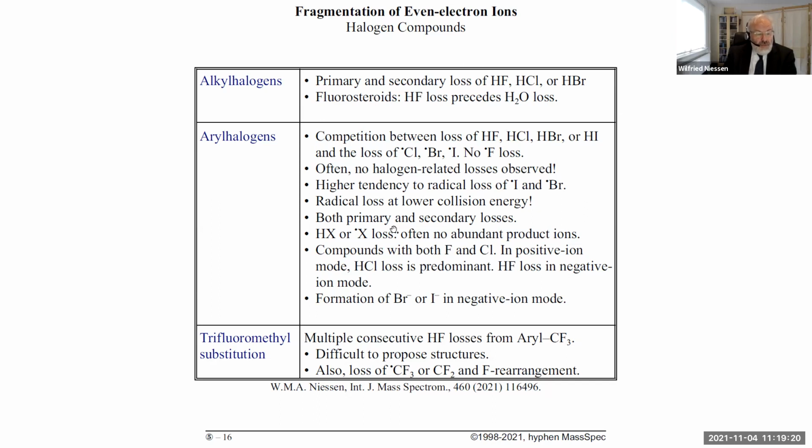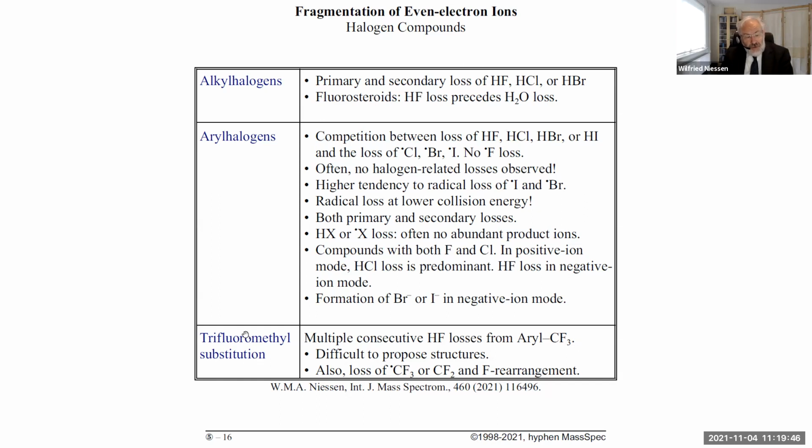But before we move to that, I have a separate box for compounds with trifluoromethyl groups. Trifluoromethyl groups are often put into drugs in order to avoid some undesirable metabolism.